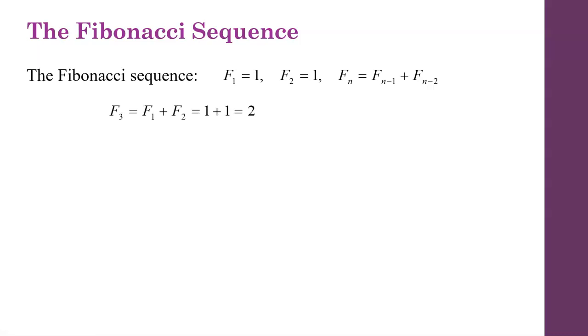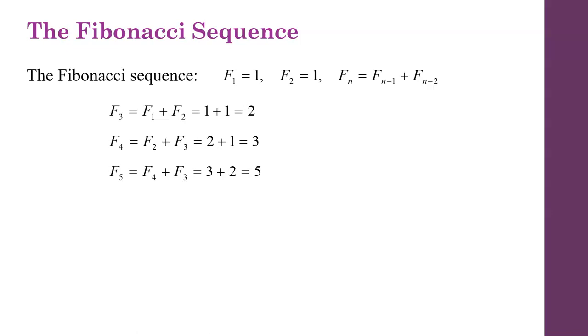So here, our third term would be the result of adding the first two terms, so 1 plus 1 is 2. The fourth term would be the result of adding the second and the third term together, 2 plus 1 is 3. Fifth term would be adding, again, the terms that came before it, 3 and 2 give me 5.